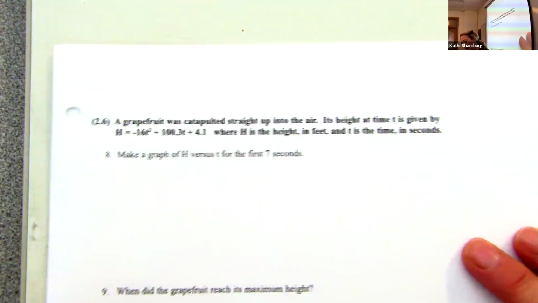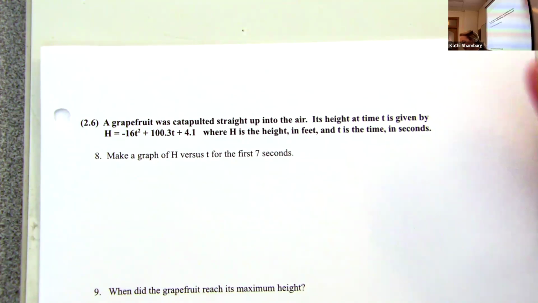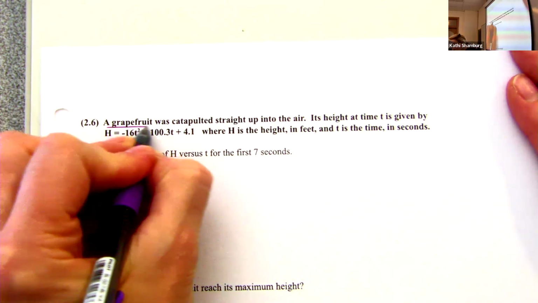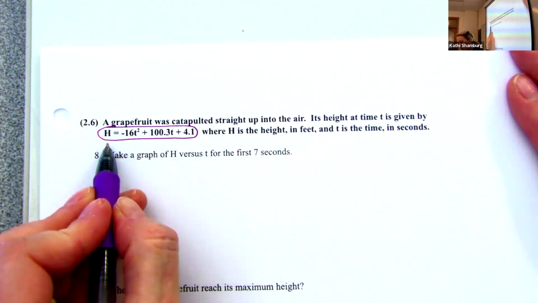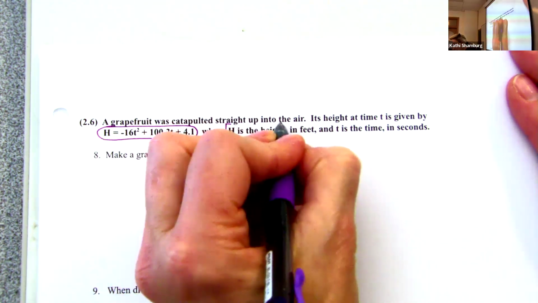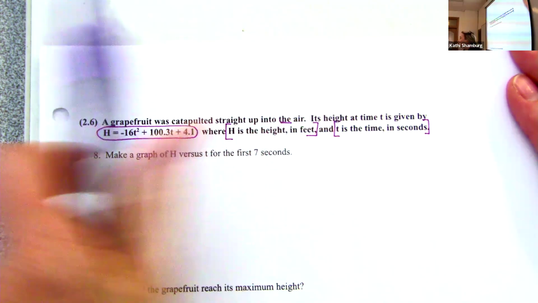2.6. All right, a grapefruit was catapulted straight up in the air. Its height at time t is given by, so we're given our equation here, which tells me h is the function and t is the variable. So h is the height in feet and t is the time in seconds.